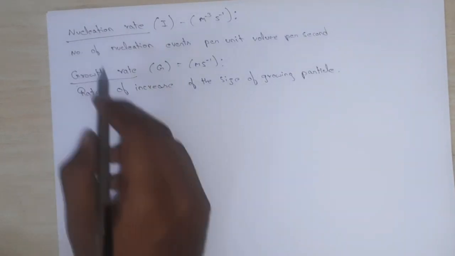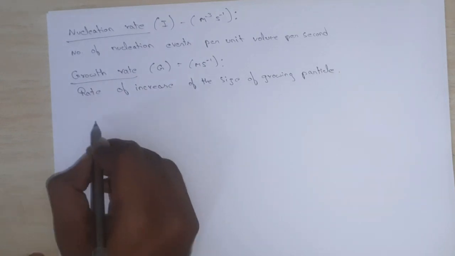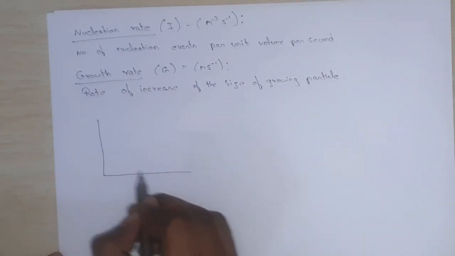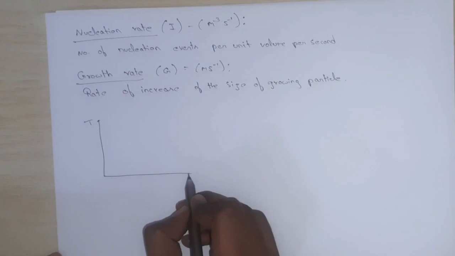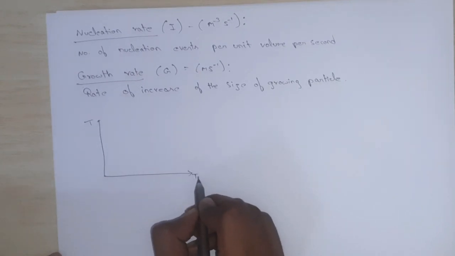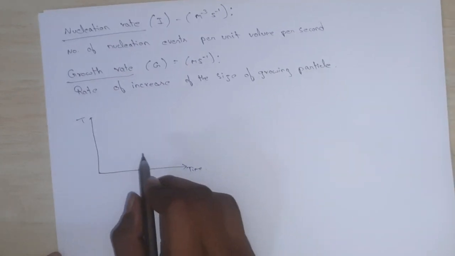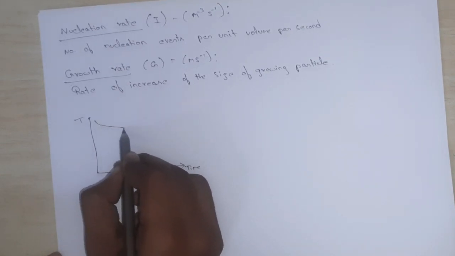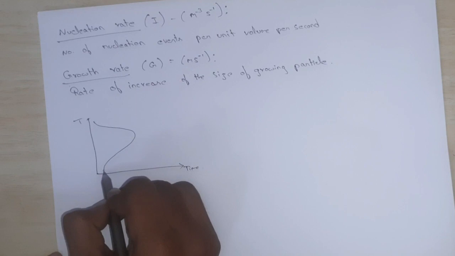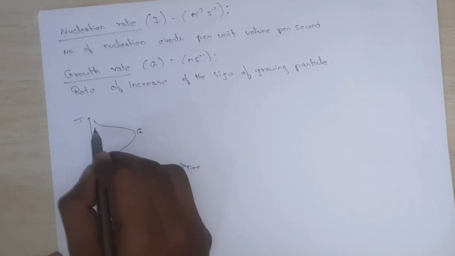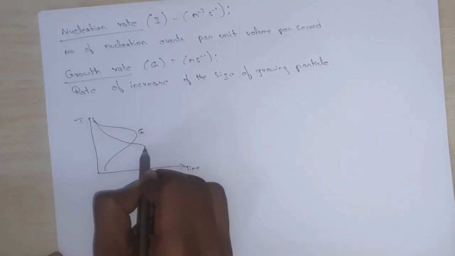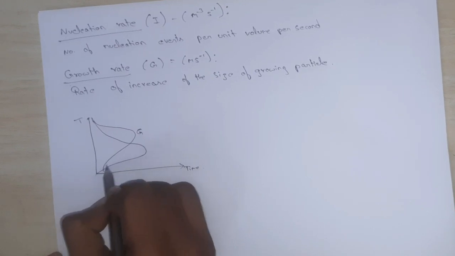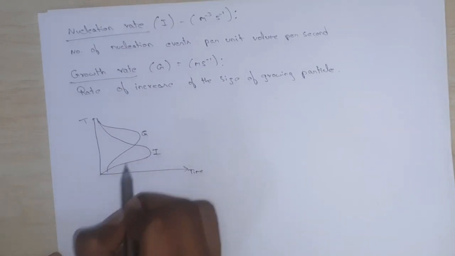So let us represent the nucleation rate and growth rate in a graph. The y-axis is temperature and the x-axis is time. This is the growth rate and this is the nucleation rate.